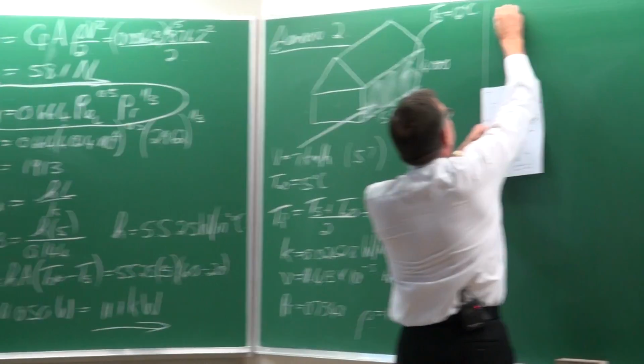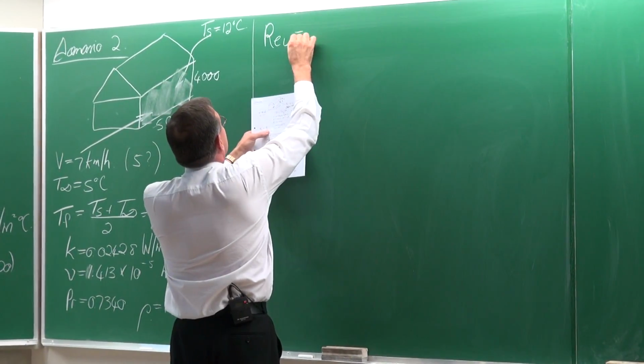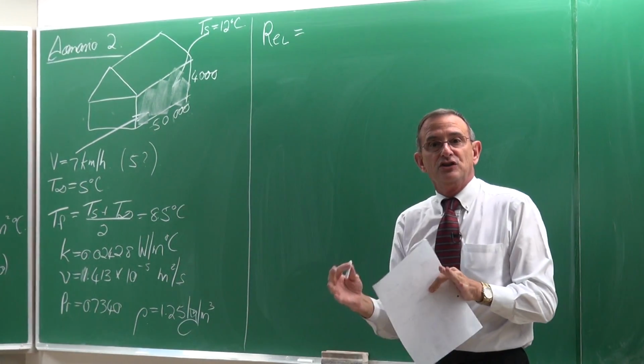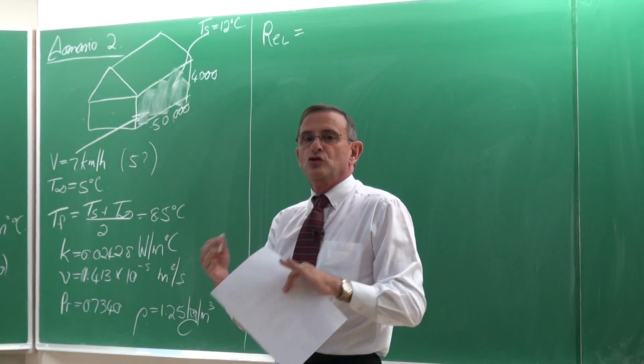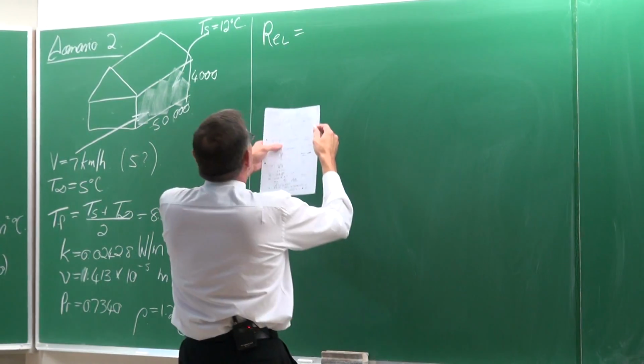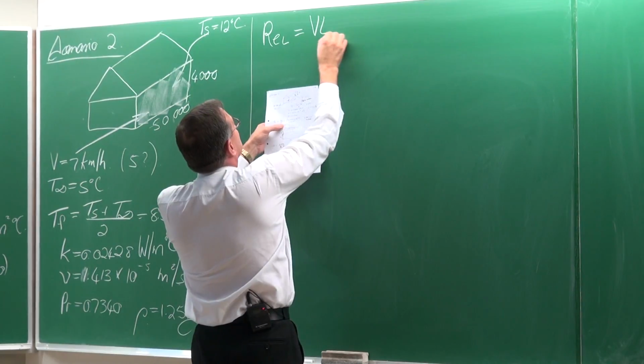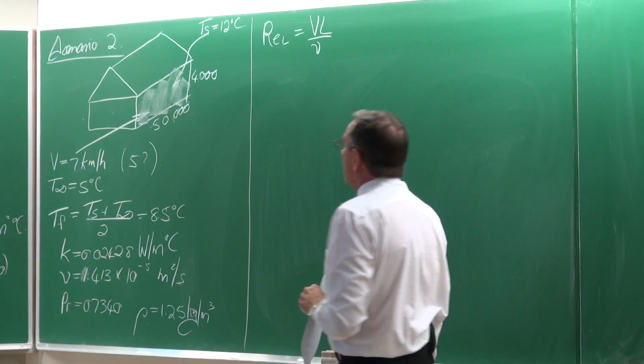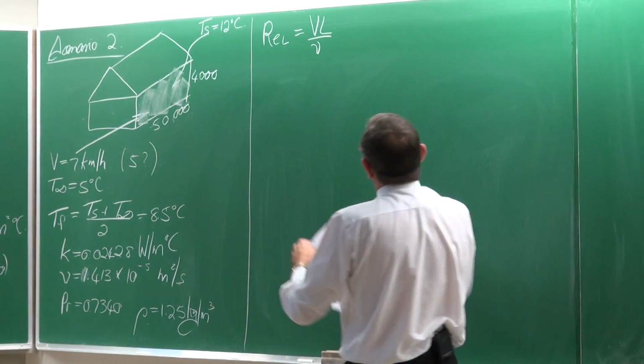Right, so again, let's determine the Reynolds number, because the Reynolds number is going to tell us what type of flow we have on the outside of the wall. The Reynolds number is equal to the velocity multiplied by the length divided by the kinematic viscosity.